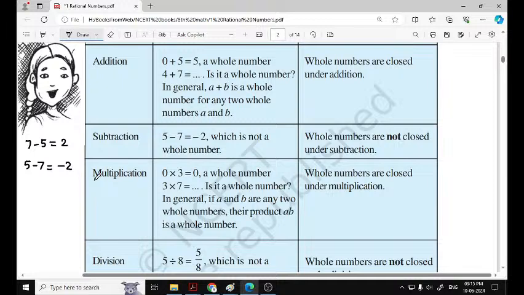So for any two whole numbers, subtraction may result in a whole number or it may not. So we are not sure about subtraction. So whole numbers are not closed under subtraction. They are closed under addition but not closed under subtraction.